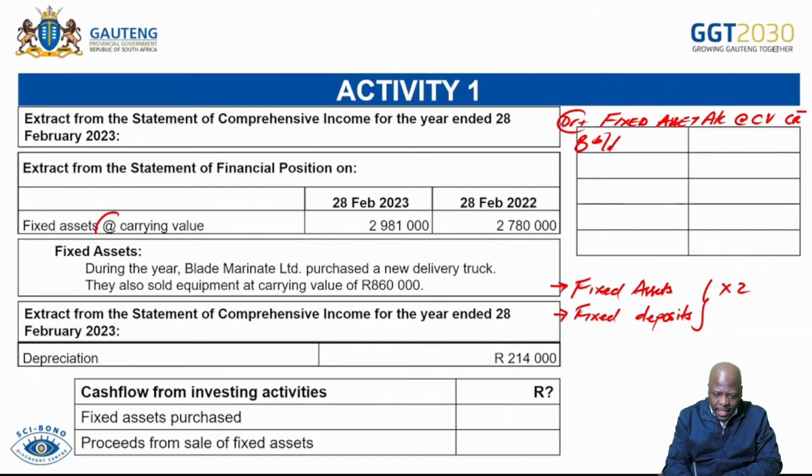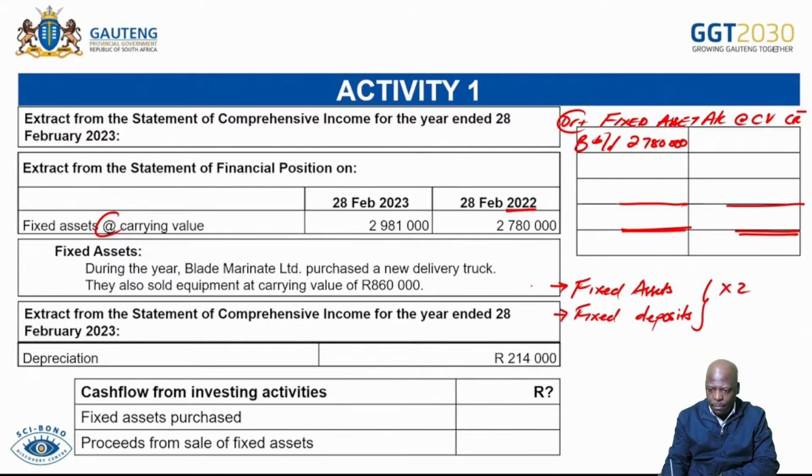What were my fixed assets at carrying value in 2022? It was 2,780,000. That was my balance brought down there. And then we come here, double lines.